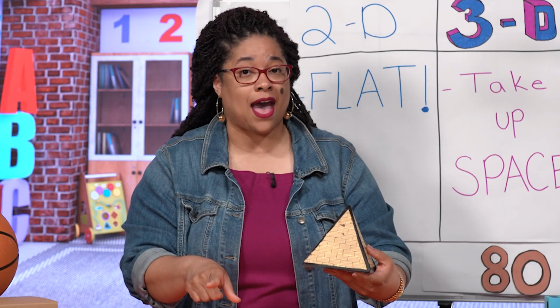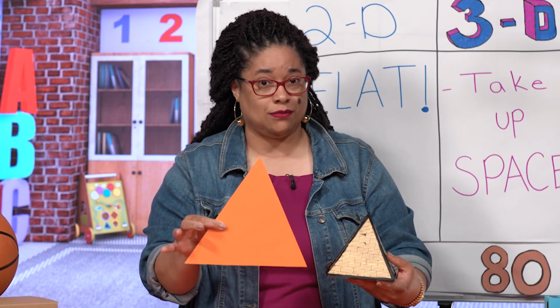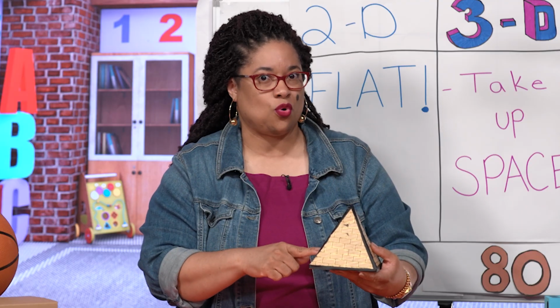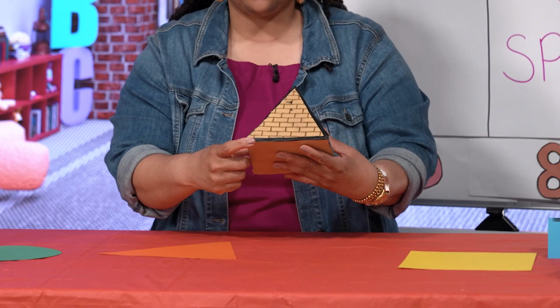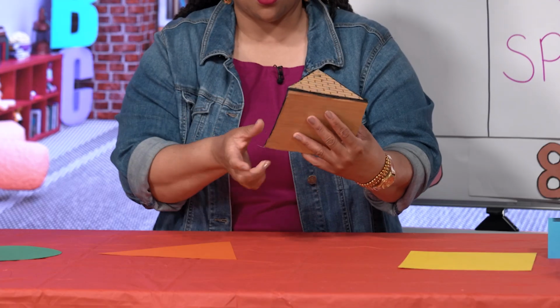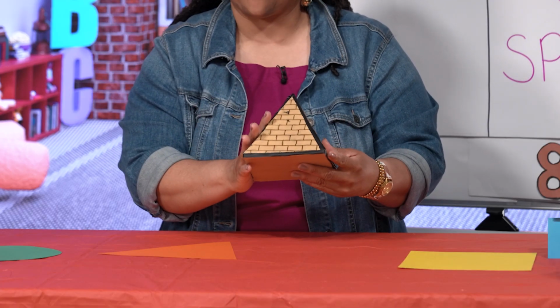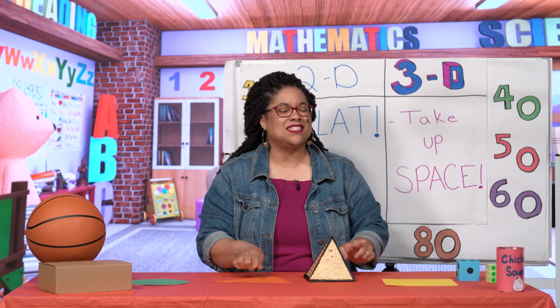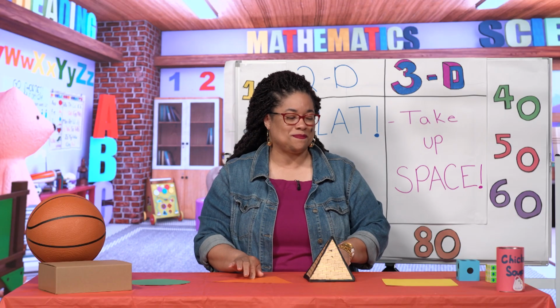And they both have some corners. Now, this one only had 3 corners. You remember? Let's count the corners on the pyramid. 1, 2, 3, 4, 5. Very good. So they have some things that are alike, but a lot of things that are not.